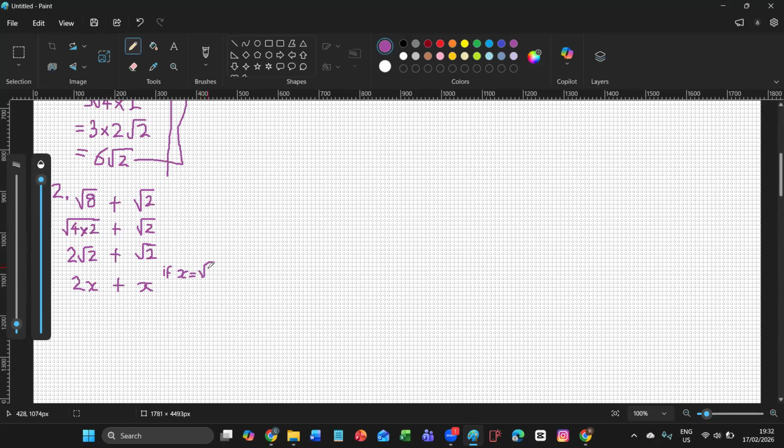If X equals root 2, then you can write that expression like that. Why do we do it like that? Because I think algebra makes it very clear what the answer would be. 3x. And then you can now write it as what? 3 root 2. Okay, so did you get it?